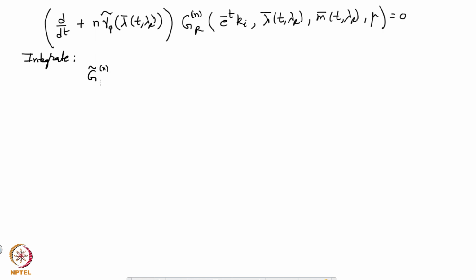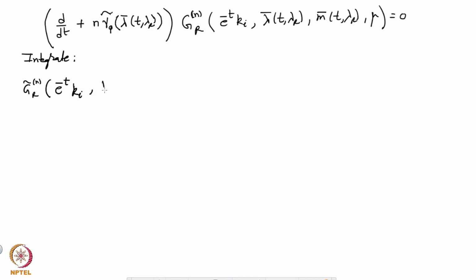G tilde n r e to the minus t. Remember this is just scaling. So you are scaling all the momenta, all the components by a factor of e to the minus t.